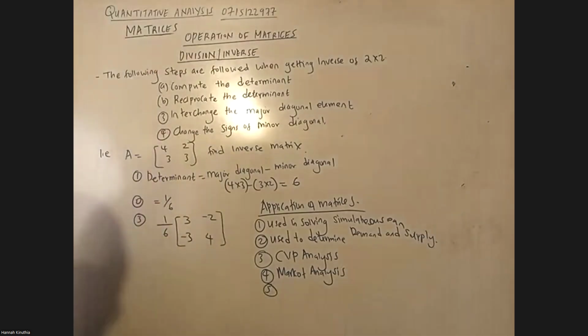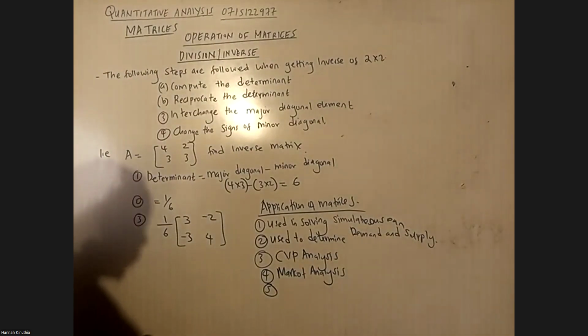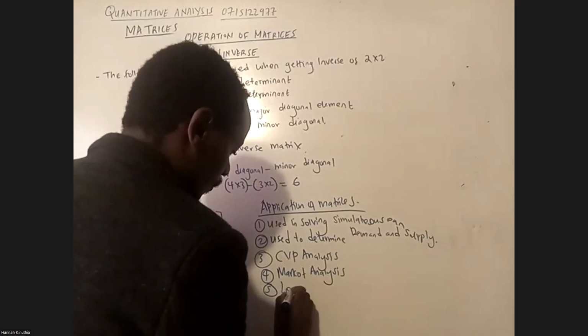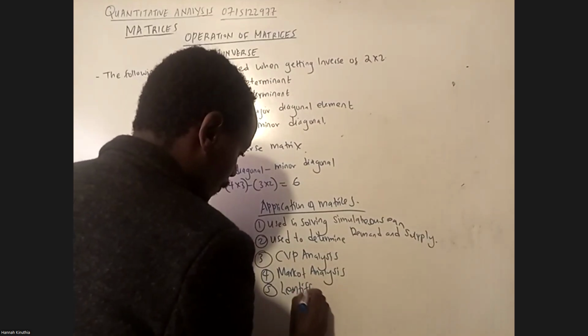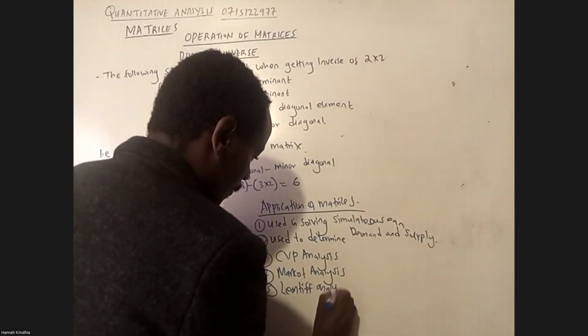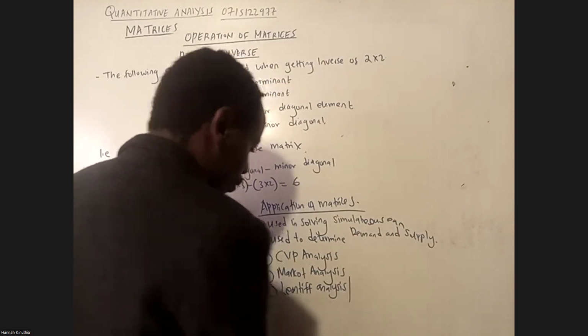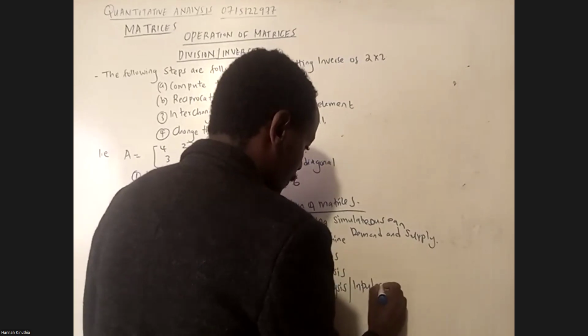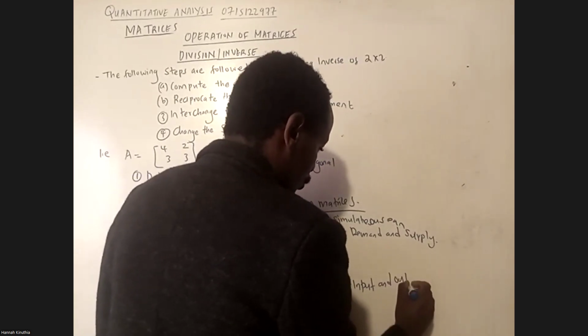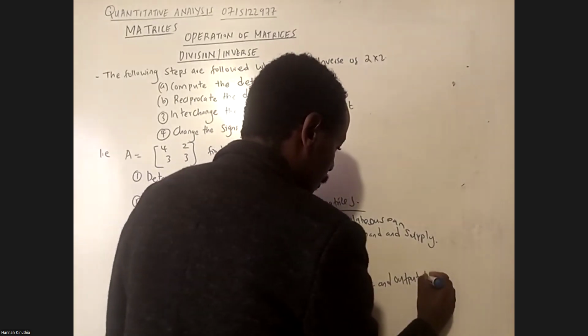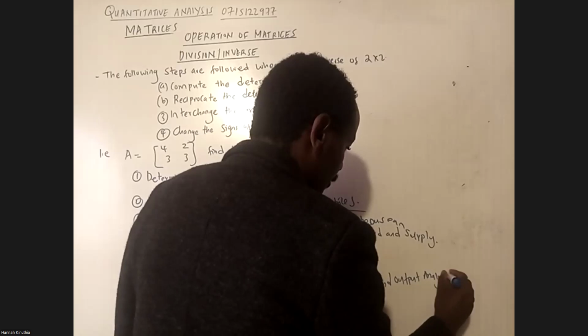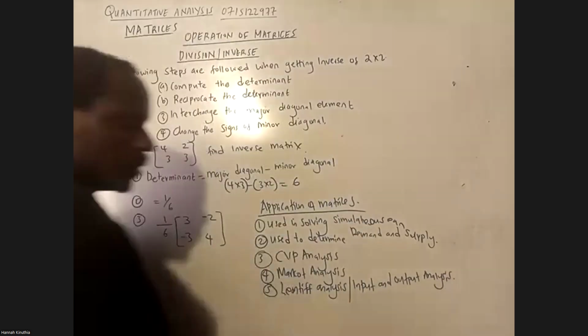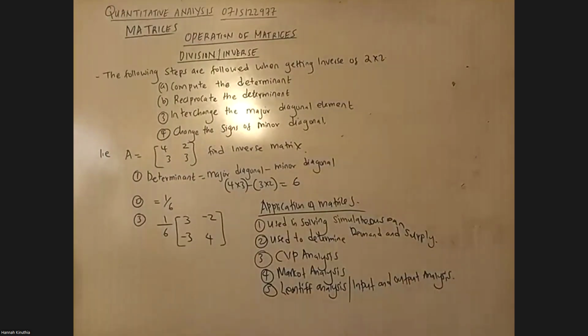Number 5, Leontief analysis, or we'll call it input-output analysis. So input and output analysis.